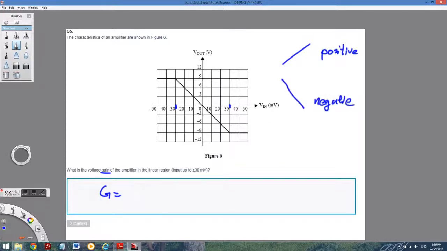So by looking at the shape, I know the gain must be negative. Then I calculate it. It falls 9 over, remember the unit, millivolts, over 30 millivolts, so 0.03. You do the math, it's going to be minus 300. Just remember the minus sign is important.